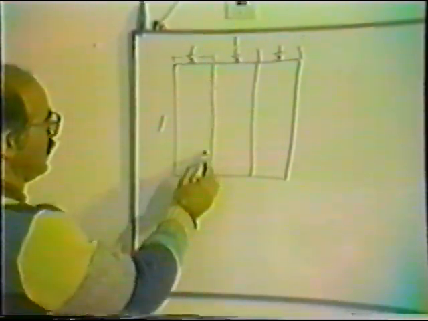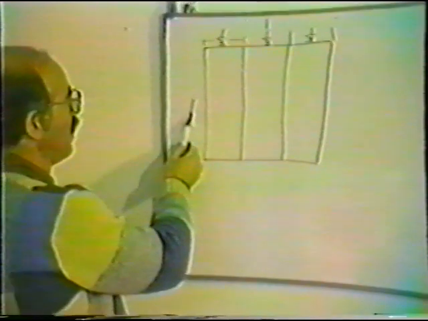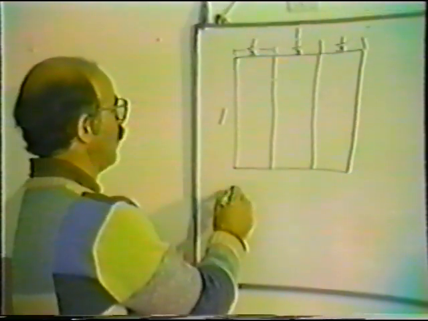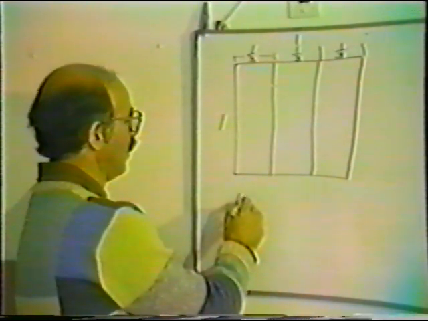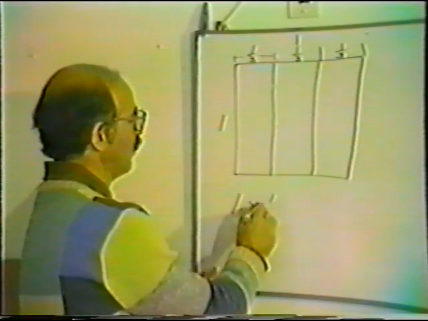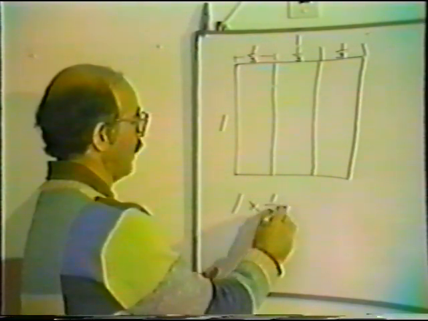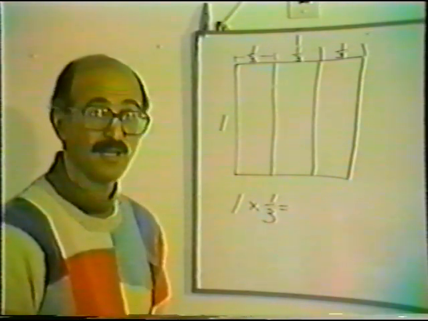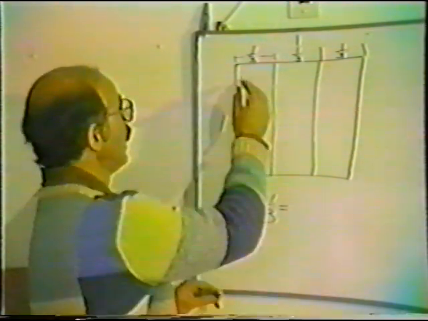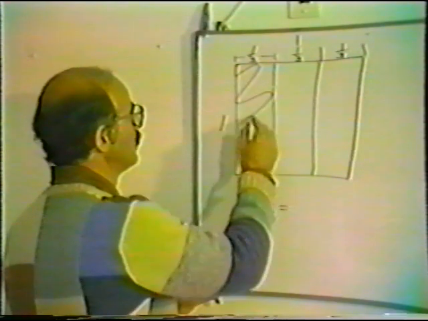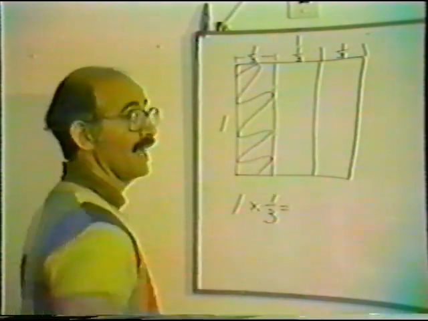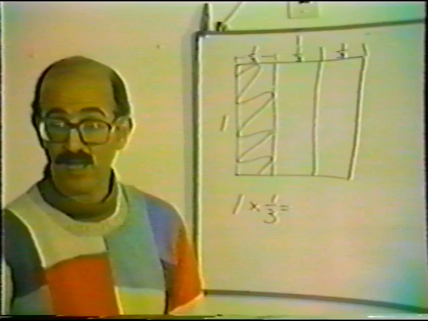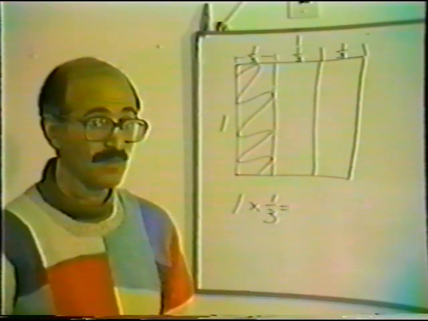The space in here is 1 times 1/3. Well, we've divided our pizza into 3 pieces. If I eat this much, how much of the pizza have I eaten? 1/3.